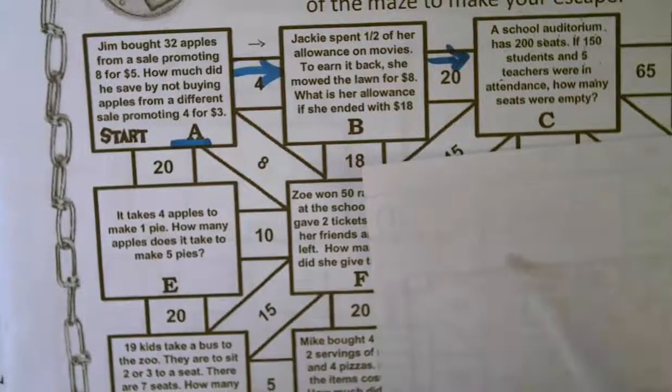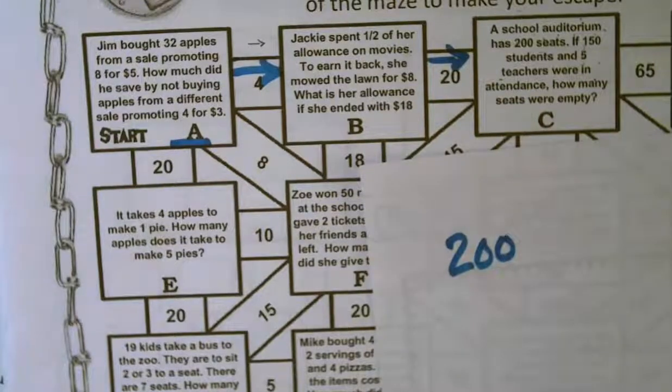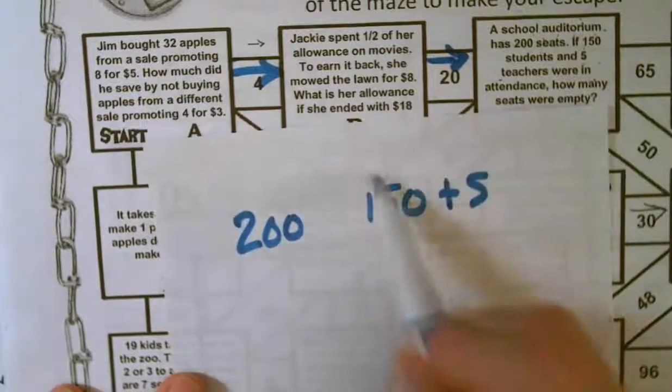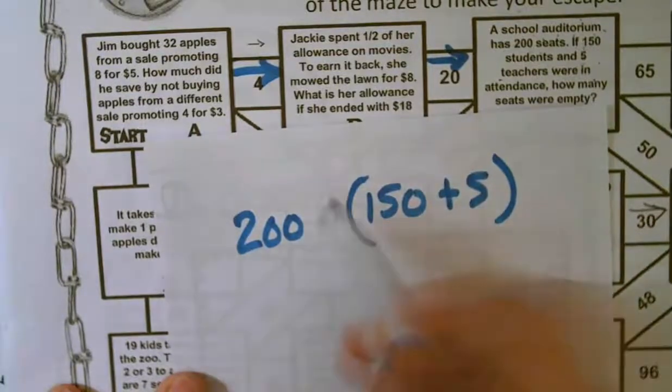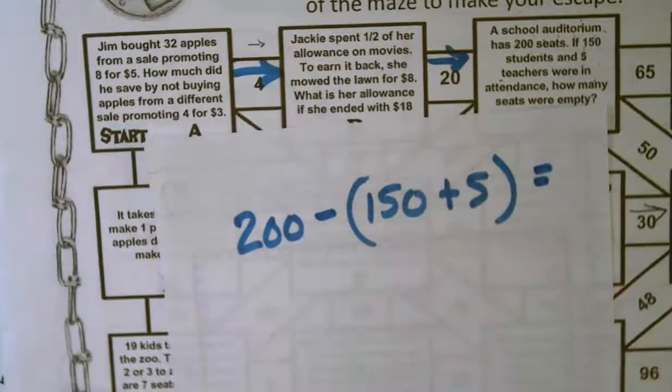Well, I know it has 200 seats in that auditorium. And I know that 150 students and 5 teachers were in attendance. So if I combine that amount and then subtract it from the 200, that's going to tell me the total number of people that are in attendance.